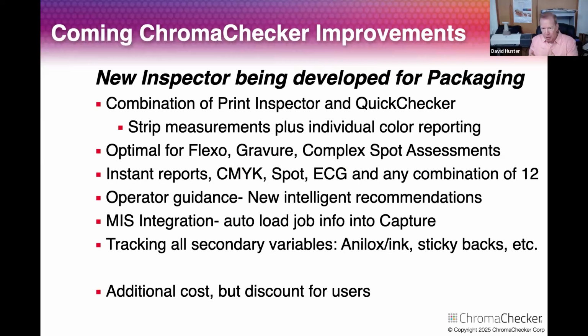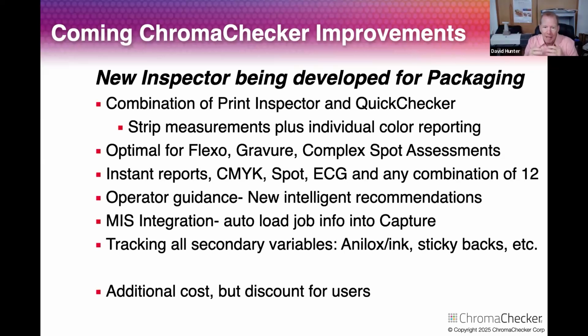And this new Capture interface is a cross between Print Inspector and Quick Checker, which means for product packaging, it's really flexible. You can take a color strip, measure, let's say, 20 colors in a color bar, and then measure 3 other colors that might be actual live artwork off the piece itself versus something that's just on the color bar.